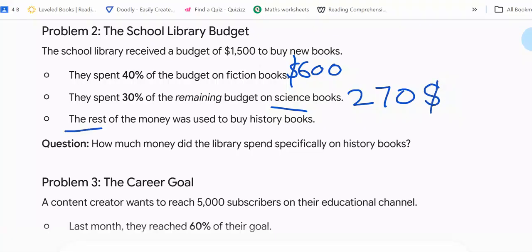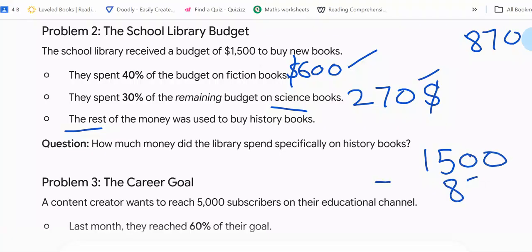Okay, the rest of the money was used to buy history books. Okay, so let's find out how much money is used in buying history books. The total of 600 and 270 is 870. Okay, so let's subtract it from 1500 minus 870. It will become 4, it will become 10, 10 minus 7 is 3, and 14 minus 8 is 6.